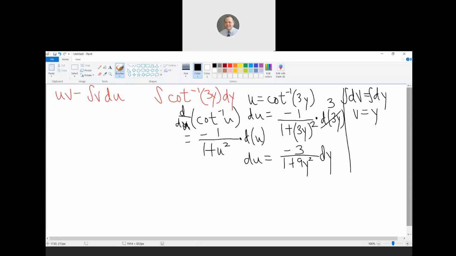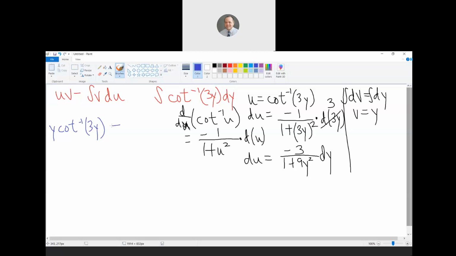U times V, U is our inverse cotangent of 3y, and V is just y. And I'm going to write them in reverse order. So we have y times inverse cotangent of 3y minus the integral of v du.